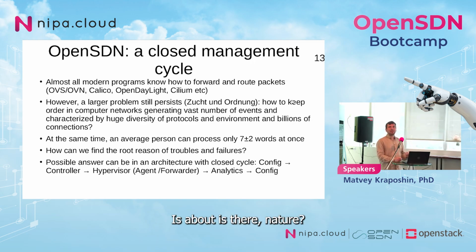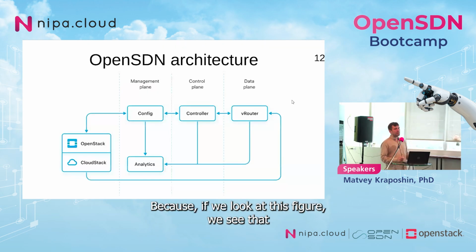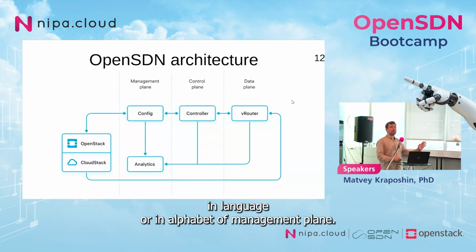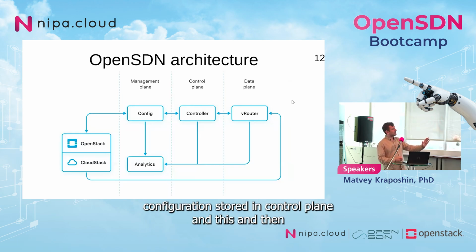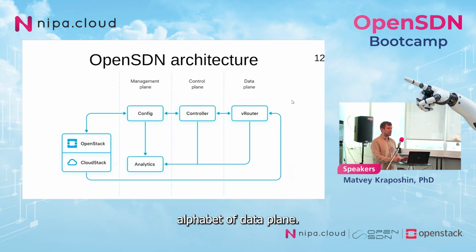is about SDN nature, because if we look at this figure, we see that there is a management plane, and we create configuration in the language or alphabet of the management plane. Then this configuration is translated into virtual network configuration stored in the control plane, and then this information is translated into the language or alphabet of the data plane.